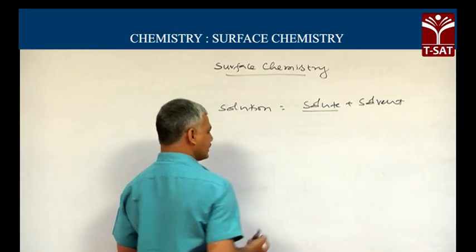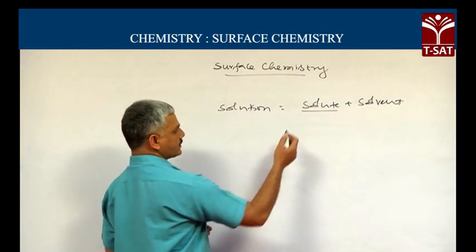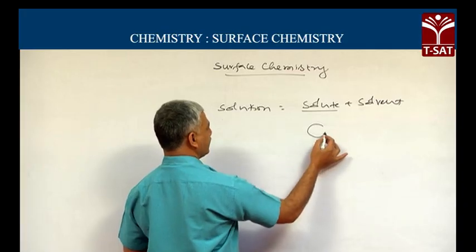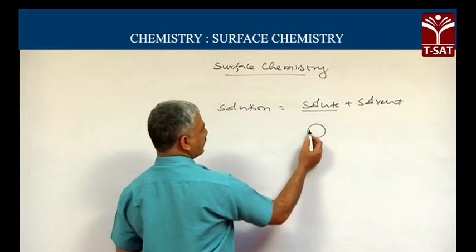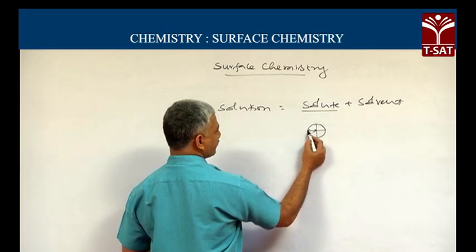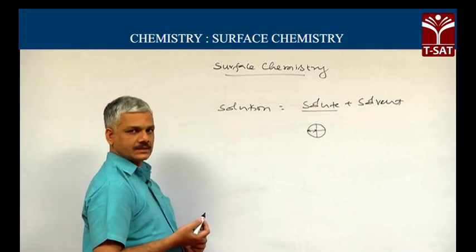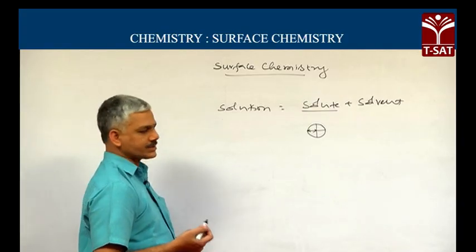Depending on the size of the solute particle, they are supposed to be spherical in shape. So, if we take the radius of the solute particle, that is taken as the size of the solute.